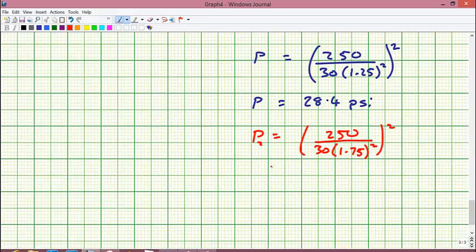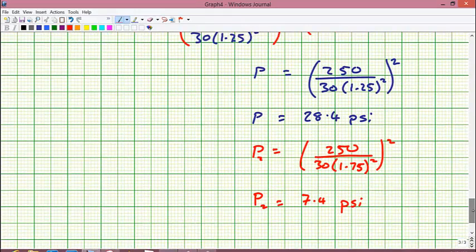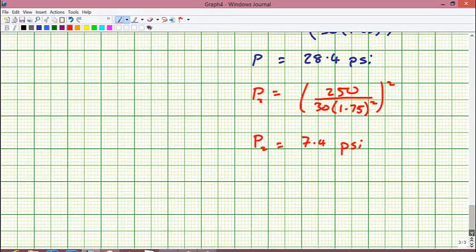So that's the second pressure, and that would be 7.4 psi. Okay, great. Right, last problem.